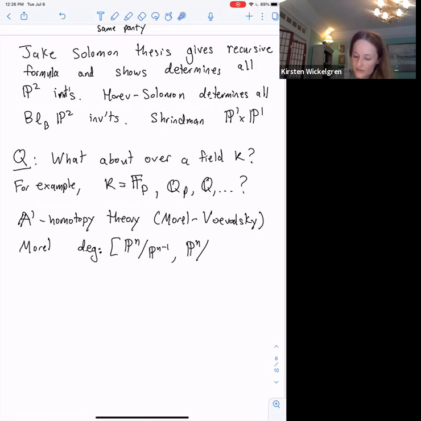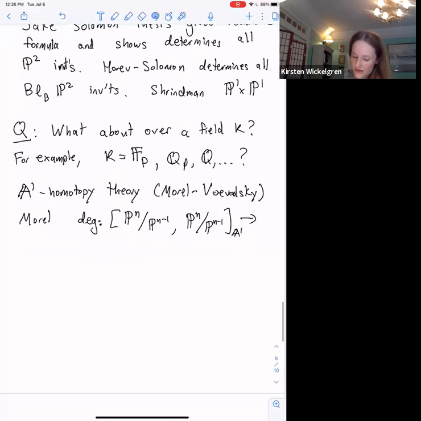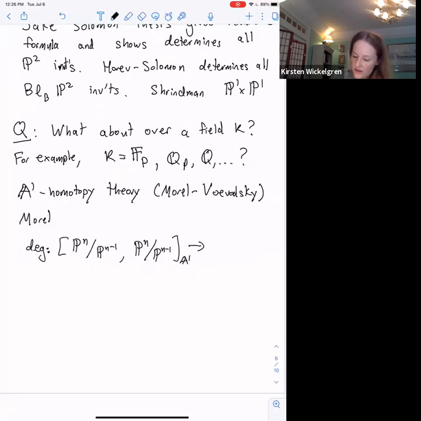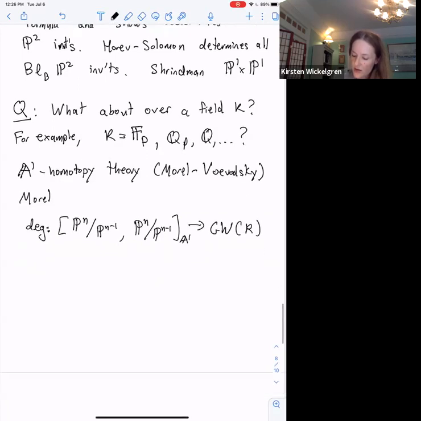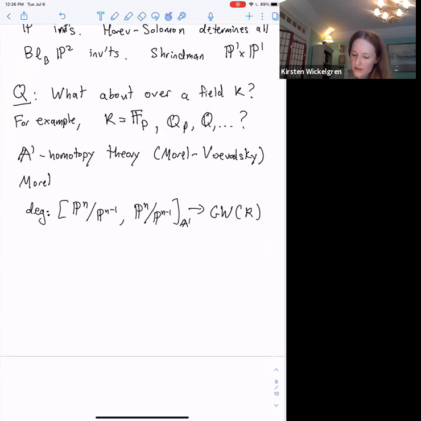So when Pn over Pn minus 1 makes a sphere, we have a degree map whose target contains the information of the integer count, but is often a more interesting group.